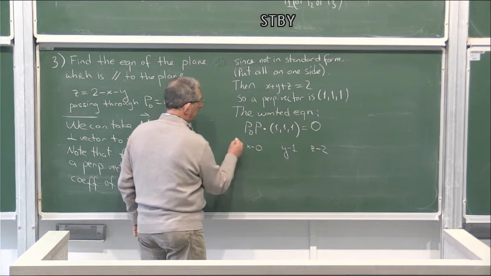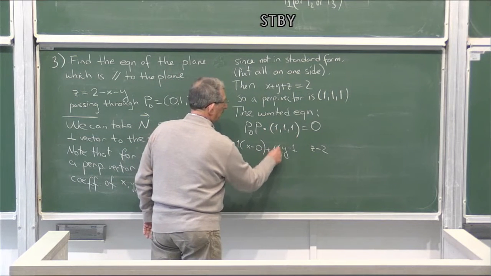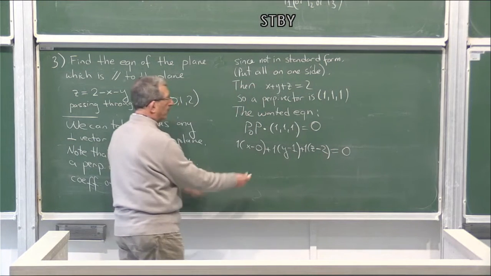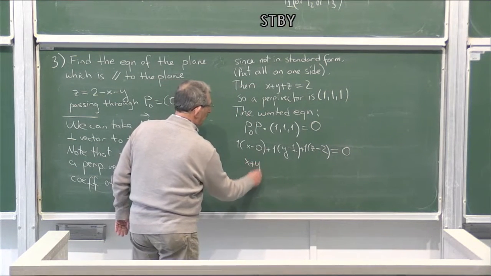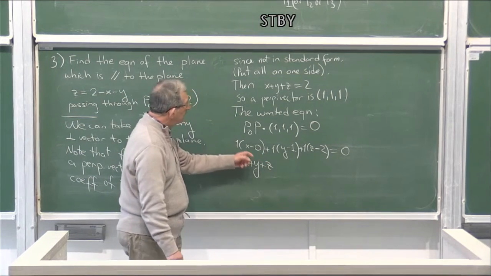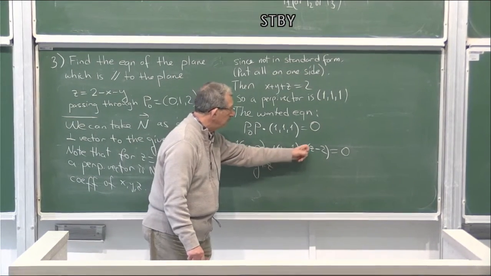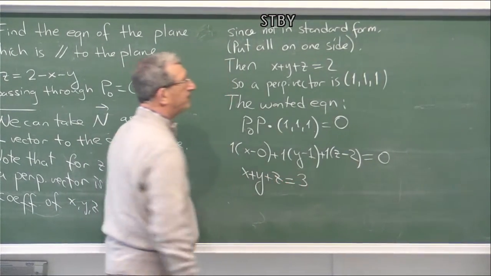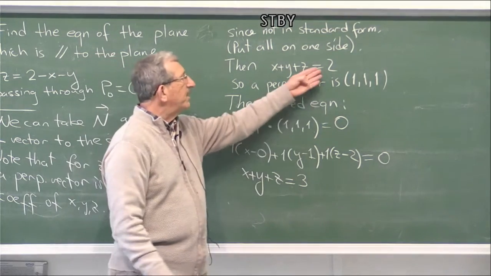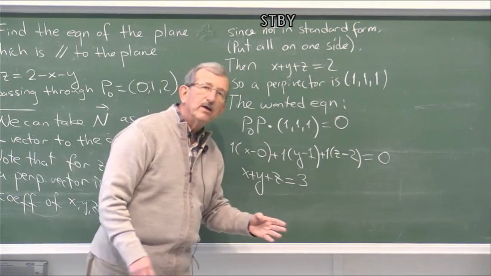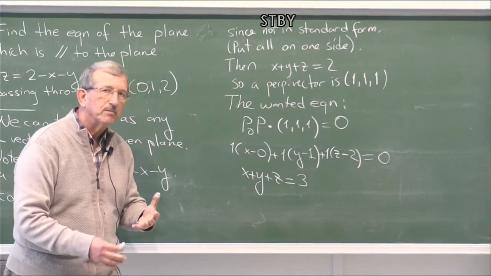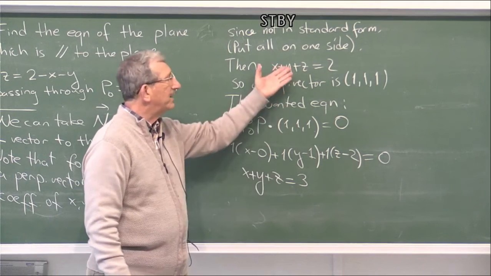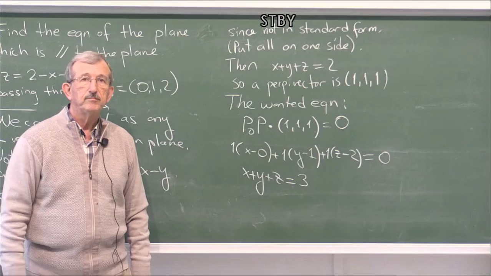Dot (1, 1, 1) means you multiply them by ones, which, of course, happens to be x plus y plus z, and the constant, we have here minus 1, we have here minus 2, so that would be equal to 3. So you see that the constant here, which was 2, became 3. It controls from which point the plane passes. Otherwise, the normal vector is the same as the original one.